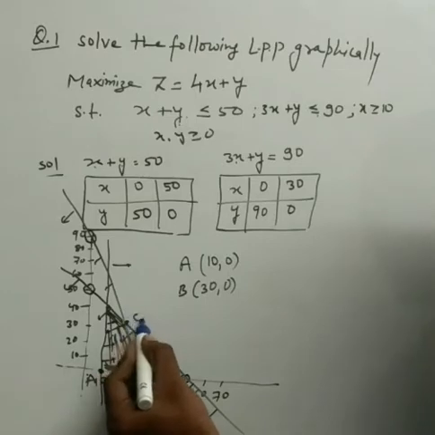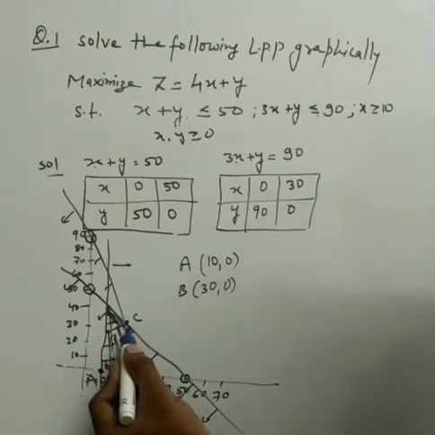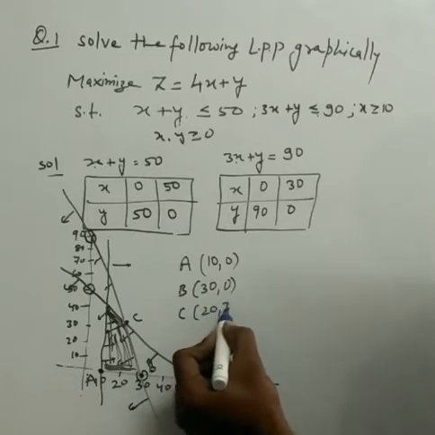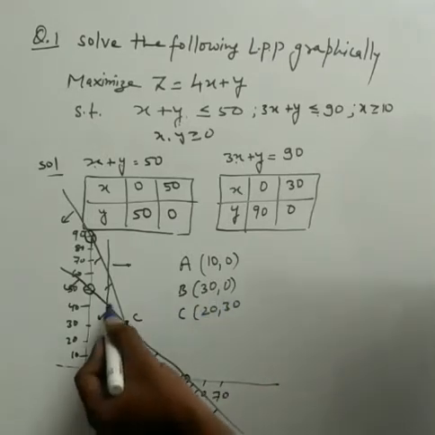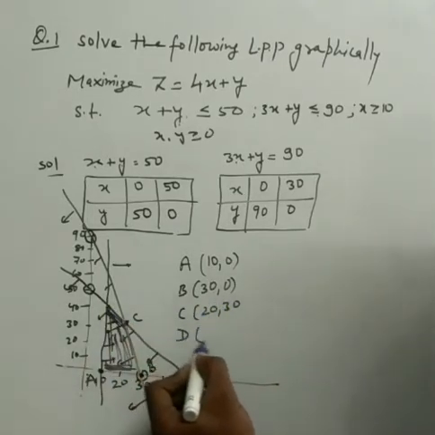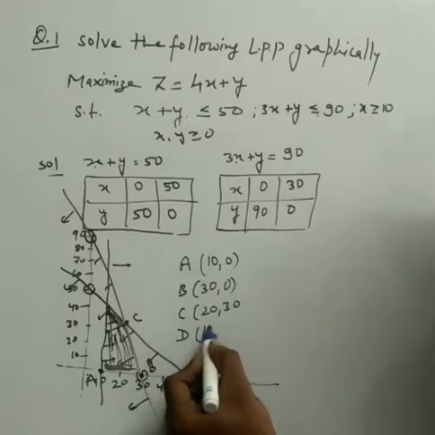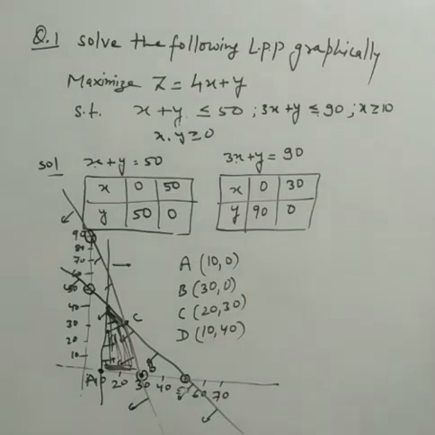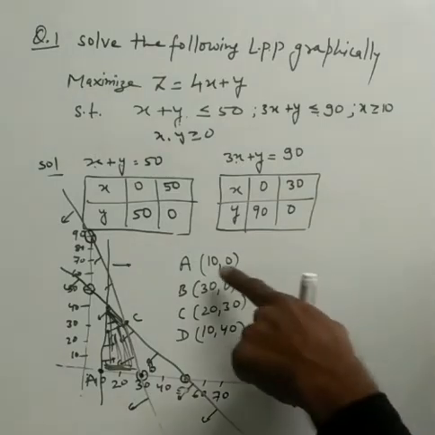Then here it is C. Coordinates of C are 20, 30. And here it is D. Coordinates of D are 10, 40. These are the 4 corner points obtained.